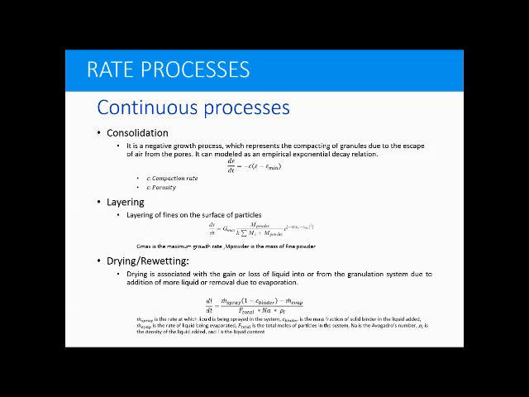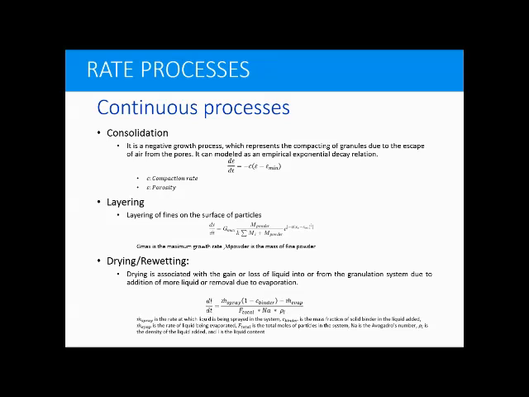And finally, if we take a look at a process where it's not primarily the size that is being modeled, but let's say the liquid content. So refer to the third point, the drying and rewetting stage in a process. Now drying is very familiar.